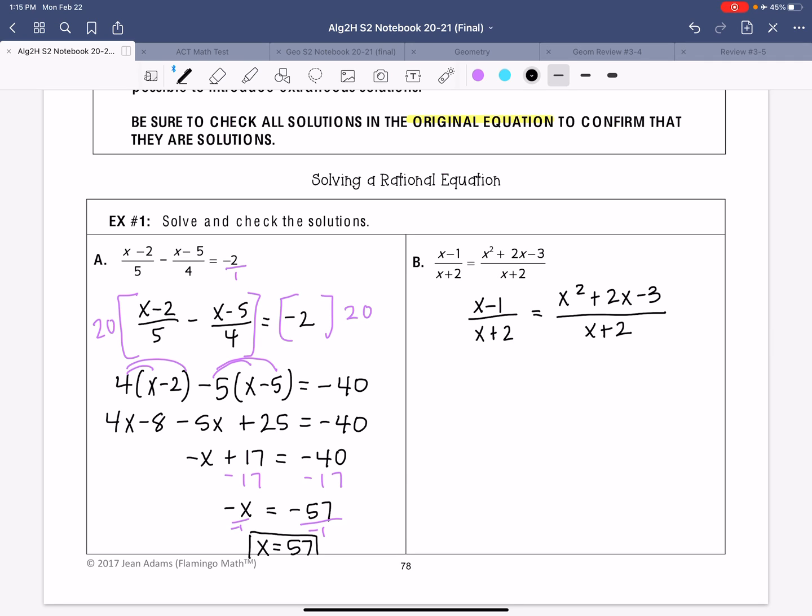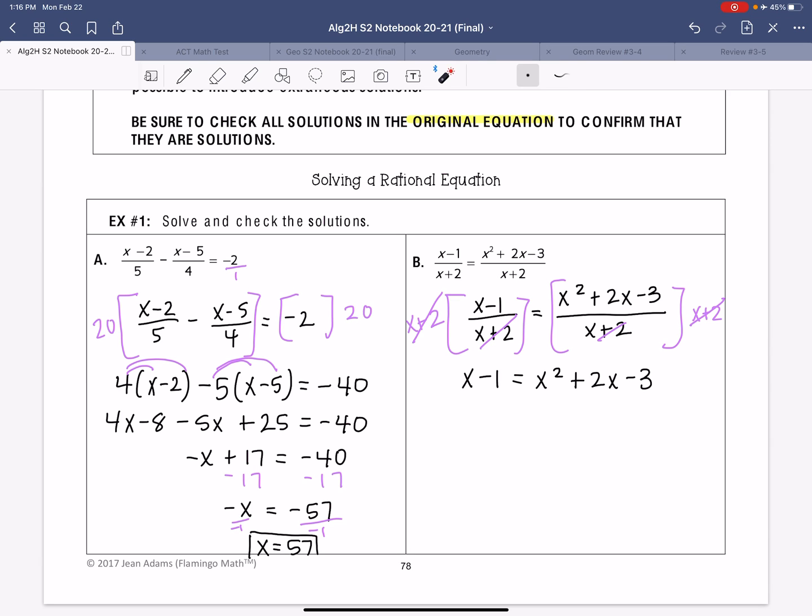We clear the fraction by multiplying both sides by x plus 2. This one's super painless; it cancels on both sides, so all I am left with is x minus 1 equals x squared plus 2x minus 3.